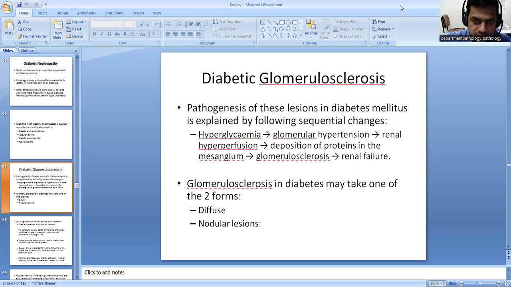Pathogenesis of these lesions in diabetes mellitus is explained by the following sequential changes. First, there is hyperglycemia, then glomerular hypertension, then renal hyperperfusion, then deposition of proteins in the mesangium, then glomerulosclerosis, and then last, renal failure.